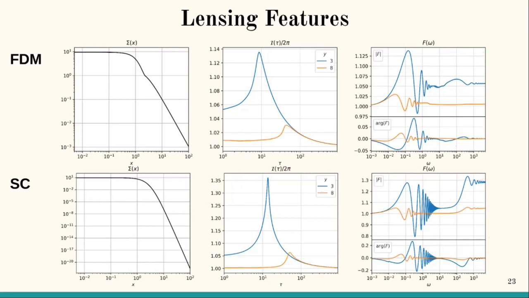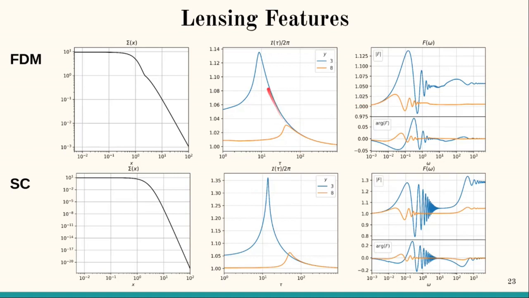Now, we increase the impact parameter and we see the changes, the first of which is the decrease in the height of I of tau and the shift in the peak of I of tau, and consequently, this shift towards lower frequencies for the amplification factor.